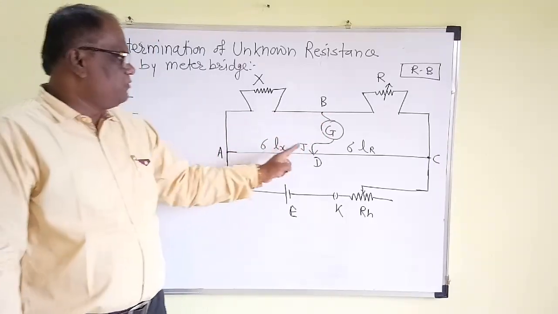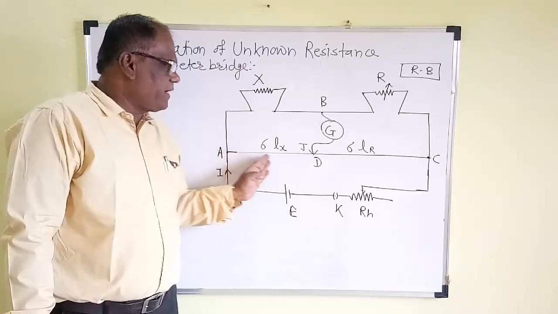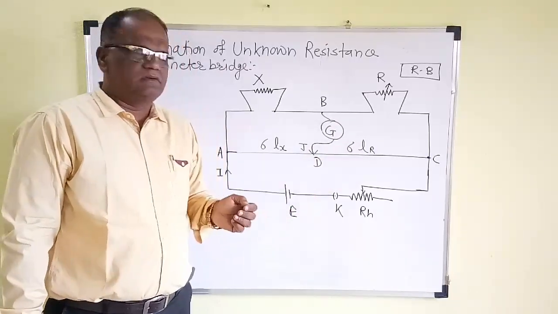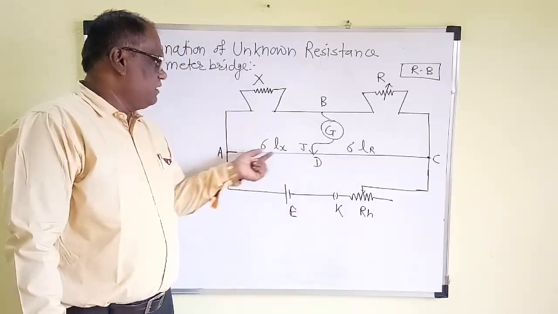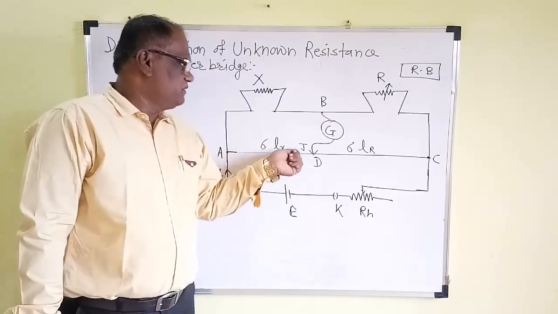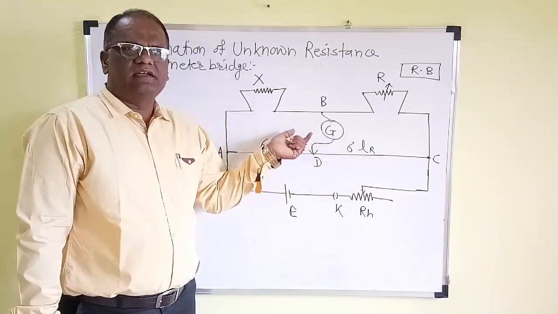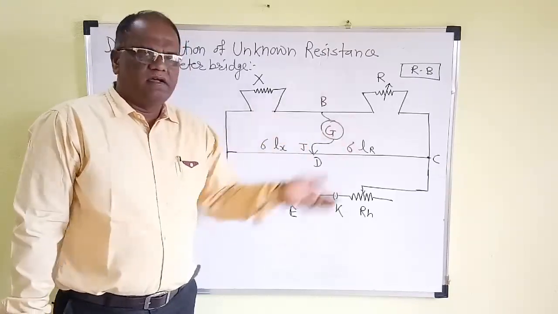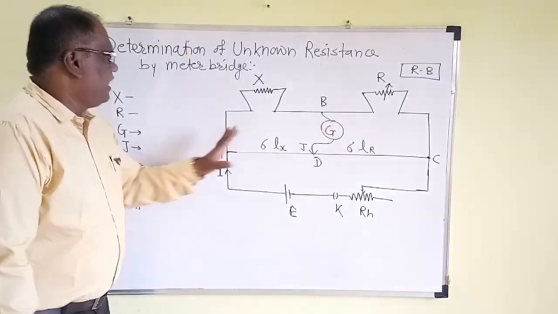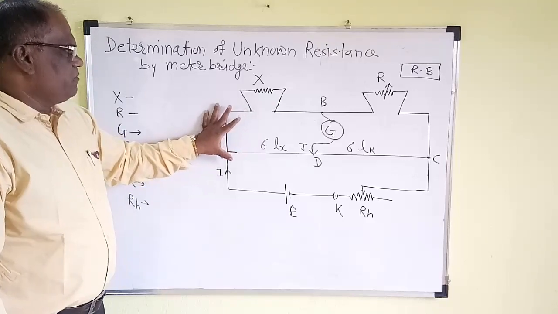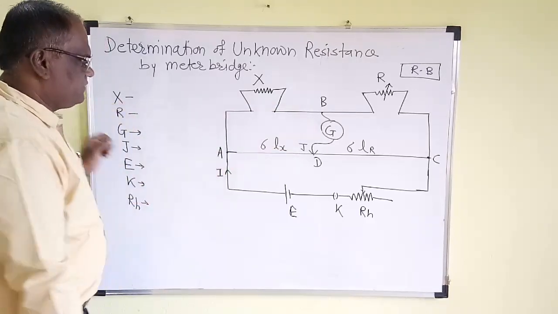With the help of the jockey, we can determine the null point on the wire. When the jockey is slid on the wire, you can easily determine the null point. Let us see. You must draw the diagram.